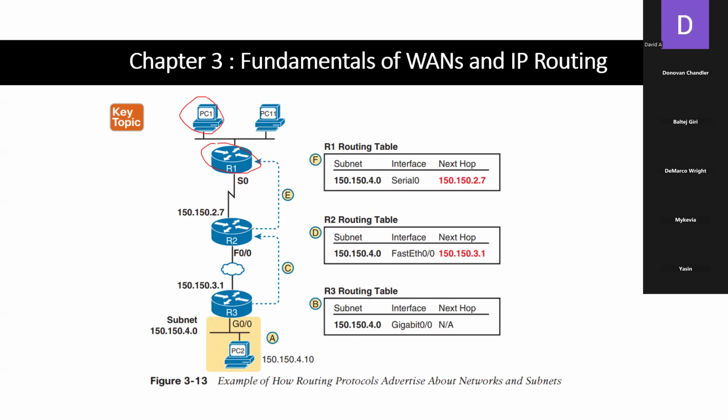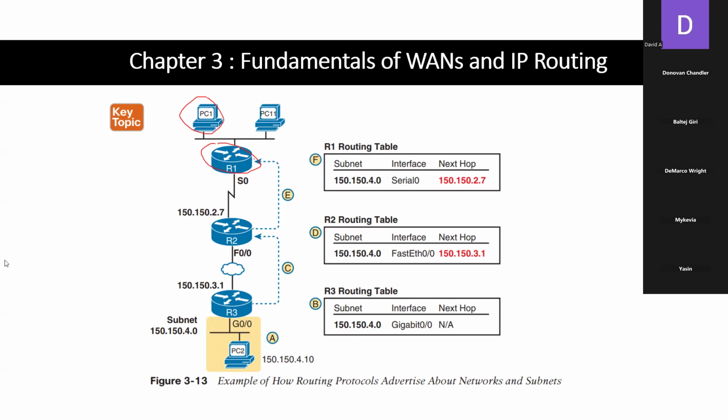A lot of these different routing protocols have differences. We're talking about OSPF, EIGRP, static routing, IPv4 versus IPv6. All of these things are used to assist IP routing. All of this is needed.